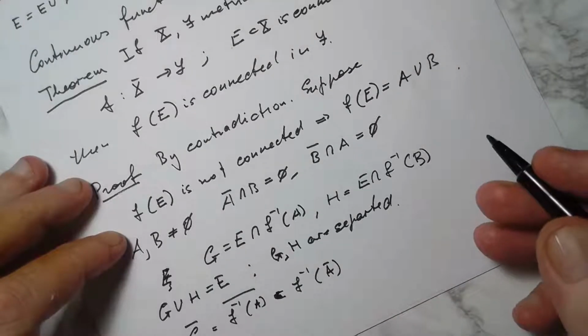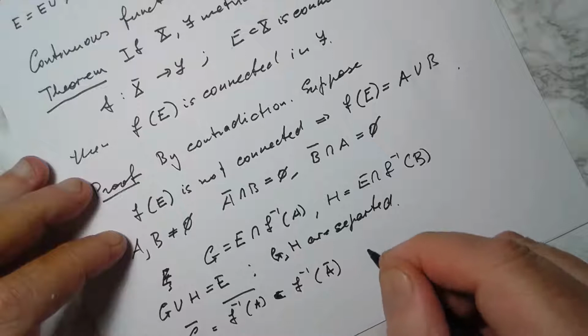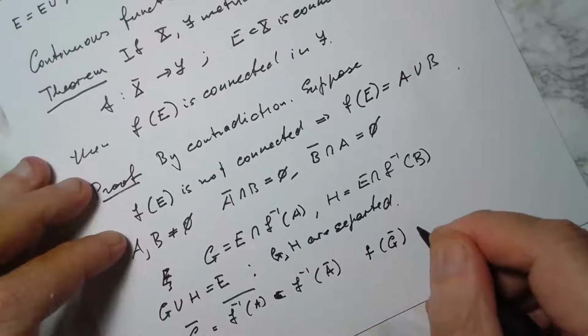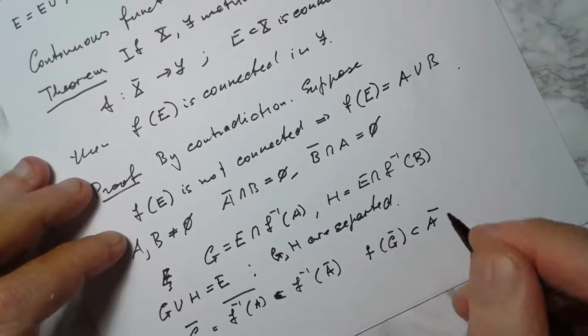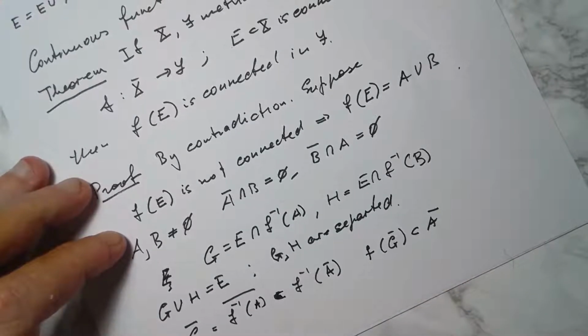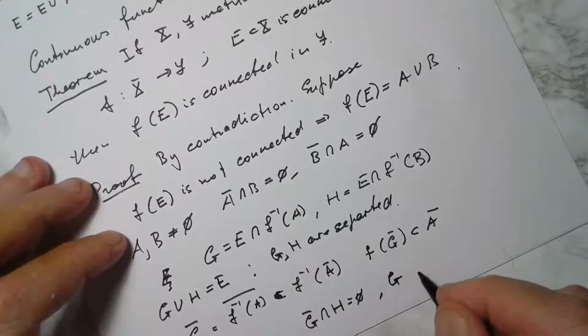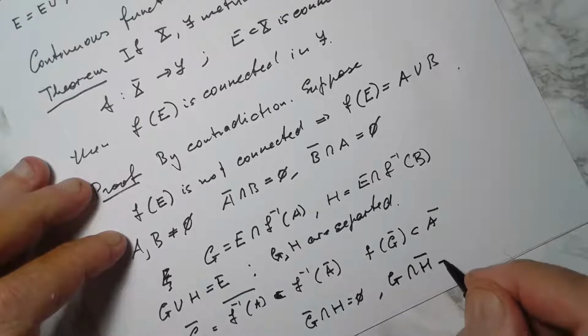Likewise, we conclude that f of G closure belongs to A closure, and f of H is equal to B for the same reason. The G closure intersected with H is empty, and for the same reason, G intersected with H closure is empty.